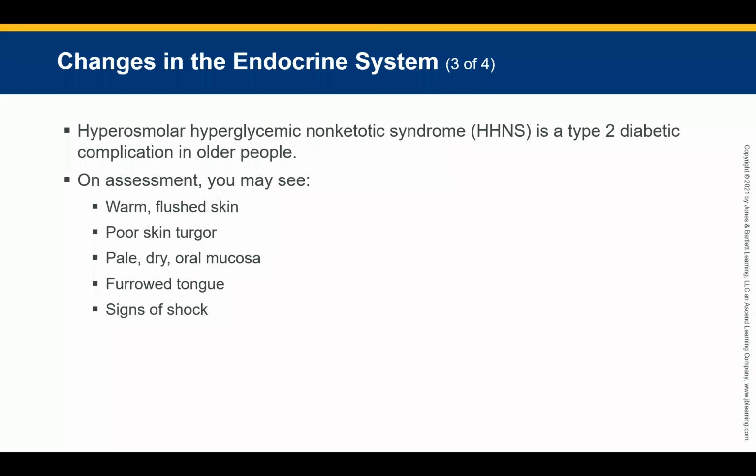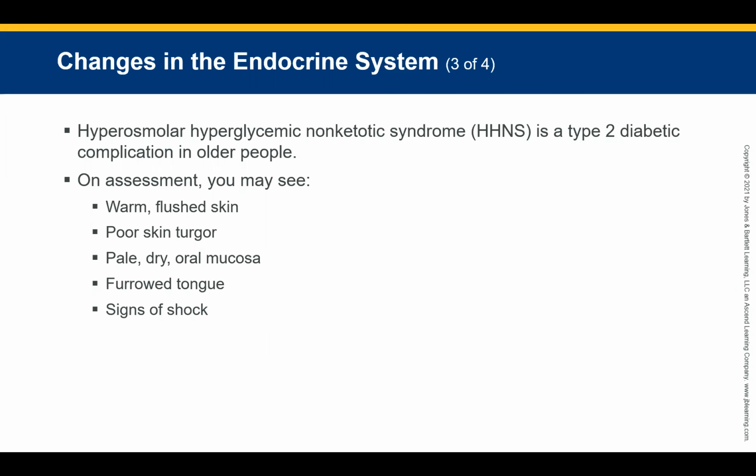Some signs and symptoms of HHNS and diabetic ketoacidosis often overlap. You'll have hyperglycemia, polydipsia, which is severe thirst, polyuria, which is urination, polyphagia, which is hunger, and dizziness, confusion, some altered mental status, and possible seizures.